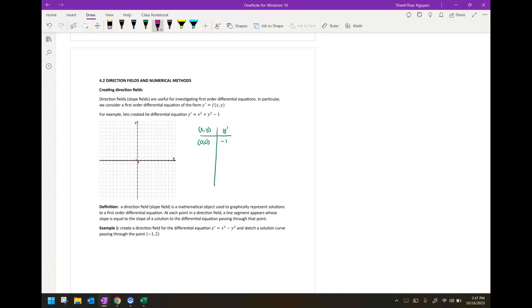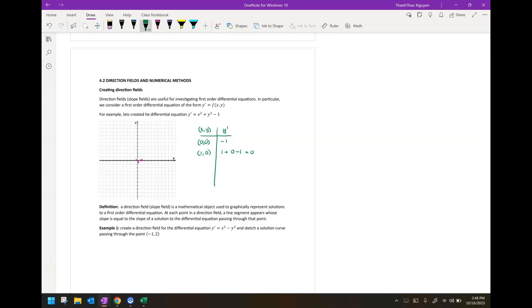Let's see, at 1, 0, what would happen? 1 plus 0 minus 1 equals 0. So at 1, 0, the slope is 0, so I'm looking at a small horizontal line.